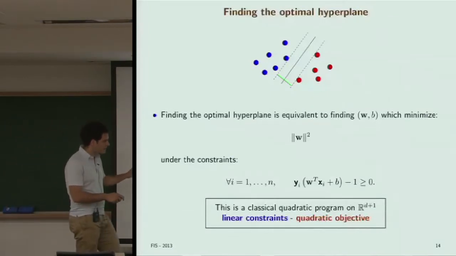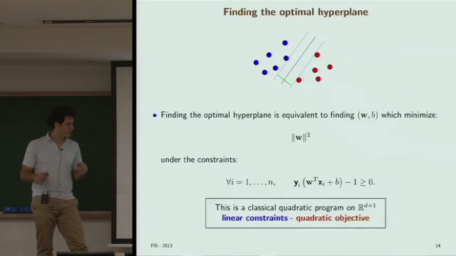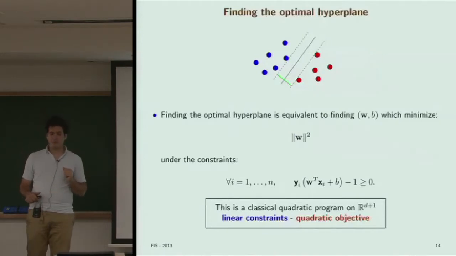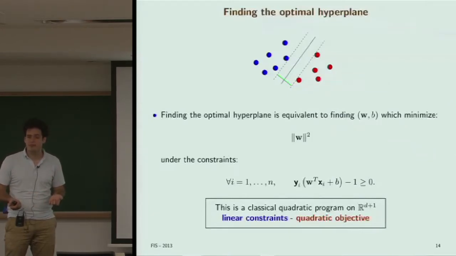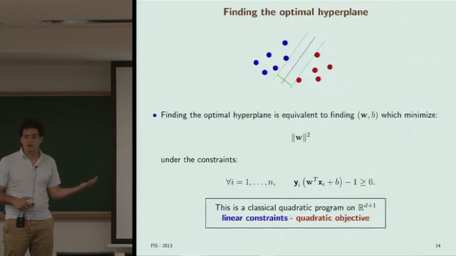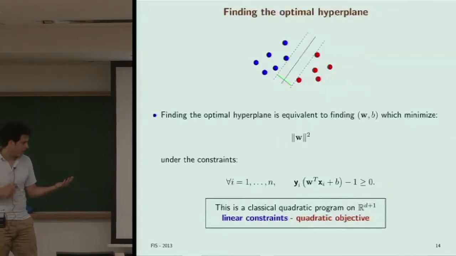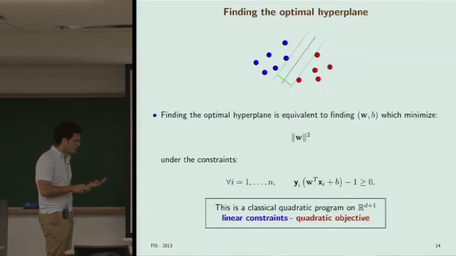So we want to minimize the squared norm of w, given that we can guarantee that yi times w transpose xi plus b minus 1 is non-negative. This is an optimization problem, and we have 2 variables: w, a vector, and b, a constant. So we need to find w and b which satisfy this.